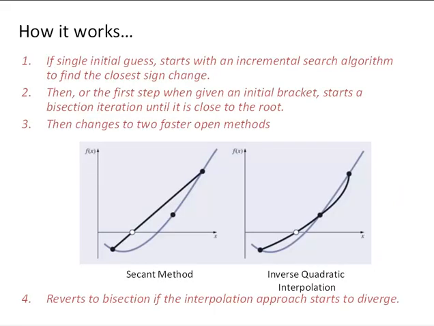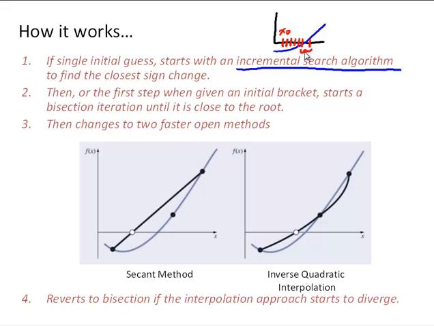So let's talk about how it works. If you have a single initial guess, what fzero does is it starts with what's called an incremental search algorithm. It's a fairly simple idea where we can just imagine it evaluates the function. Here's our function. It evaluates the function from that initial guess, x0, at several increments and keeps stepping along until it says, oh, okay, right there I have a sign change.